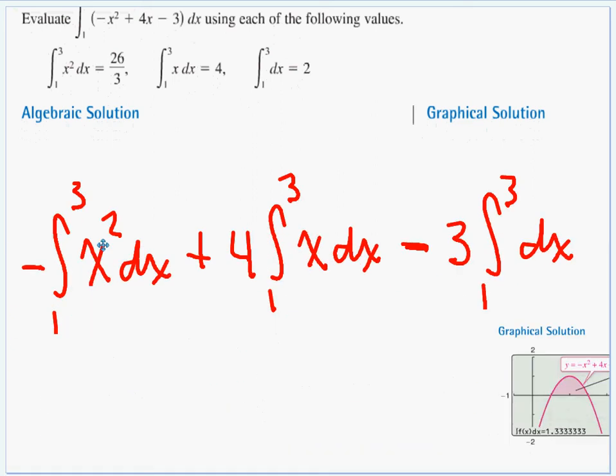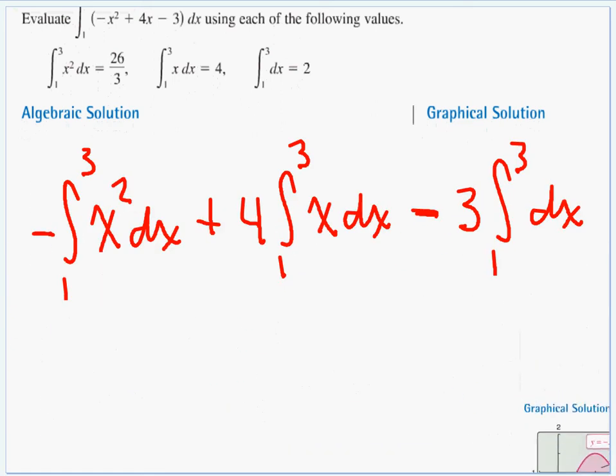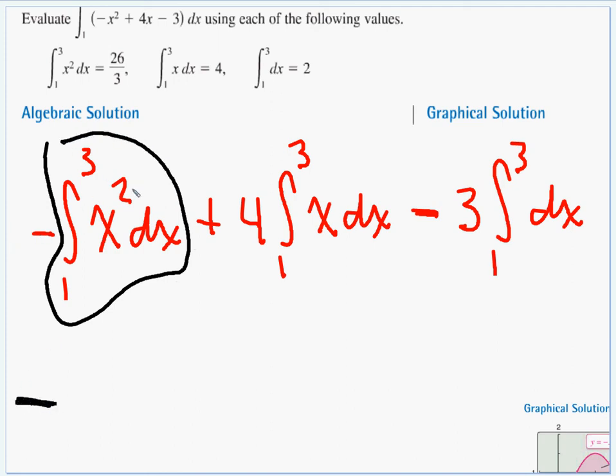So we can do some substitutions. I will block off in black what we're going to swap out. So this is in our key. Don't lose track of this negative out here, we'll bring that negative along. And what I blocked off here is equal to 26 thirds. So that's a negative 26 thirds.